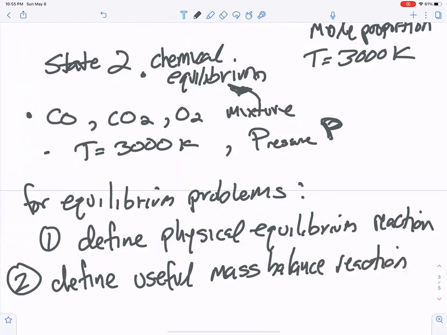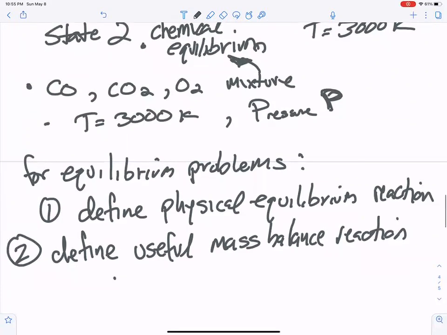So in this useful mass balance reaction, it's different.